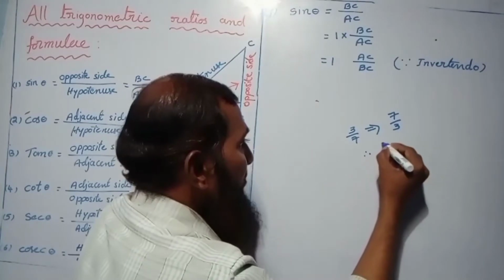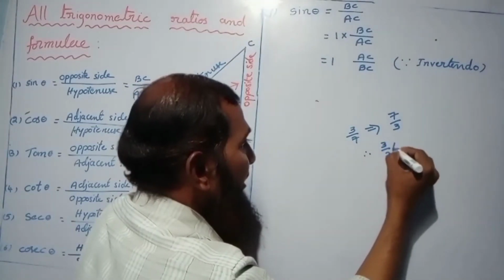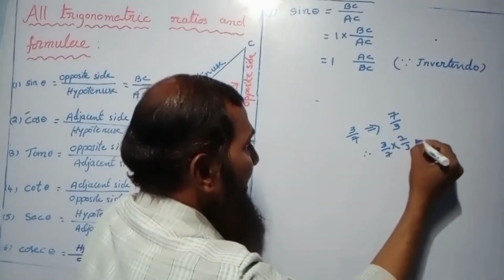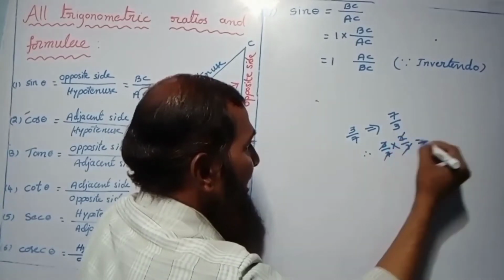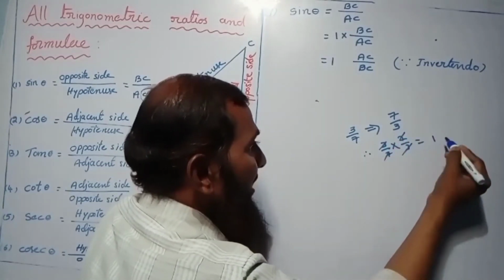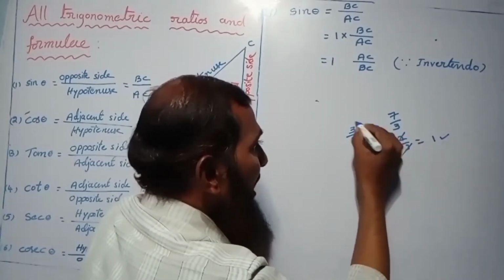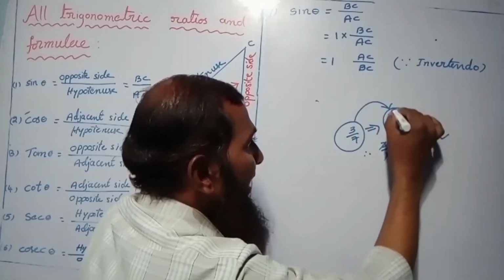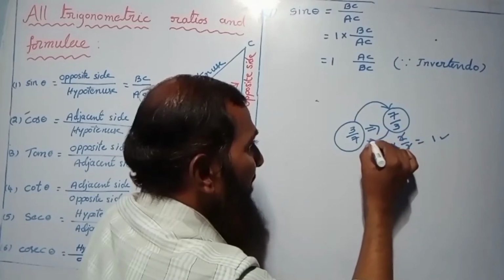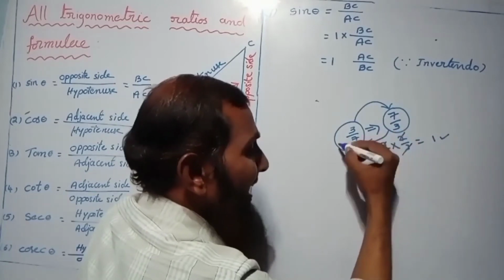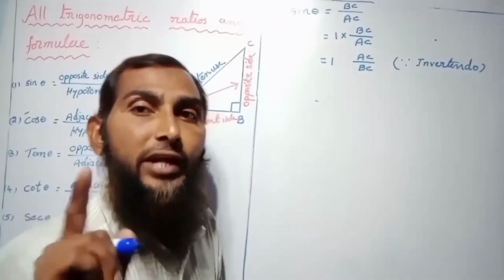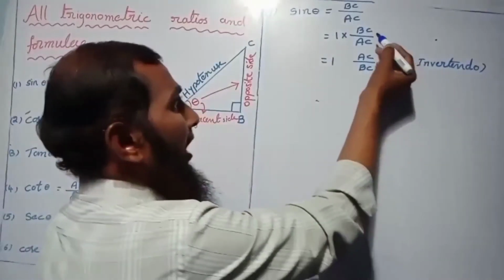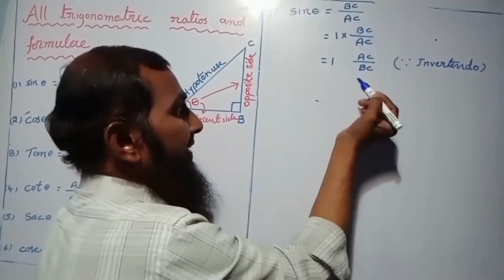How is it possible? 3 by 7 into 7 by 3, 3 and 3 cancel, 7 and 7 cancel, and you get 1. The product is 1 here. So 3 by 7 is the reciprocal of 7 by 3, and 7 by 3 is the reciprocal of 3 by 7, one another.